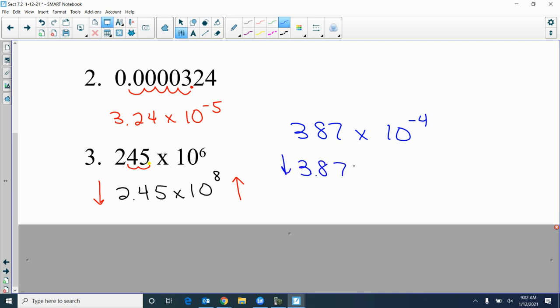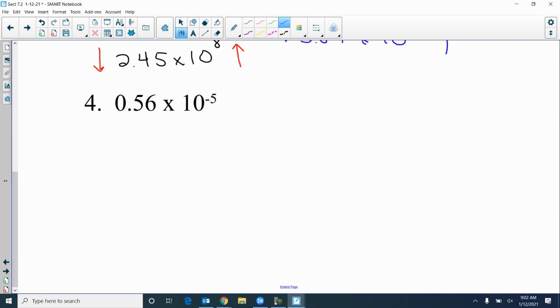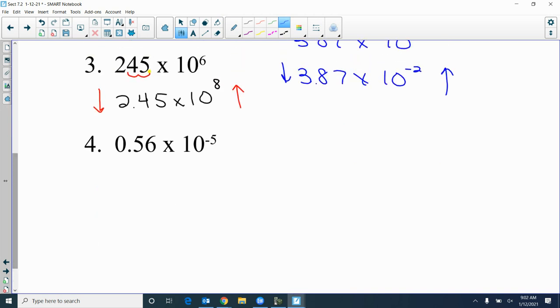That went down. What would actually make that one go up? It would be a negative 2, because actually negative 2 is bigger than negative 4. So you just got to be careful there. So you got numbers that look like they're in scientific notation, but they're not. All right, think about this one. 0.56 times 10 to the negative 5th.